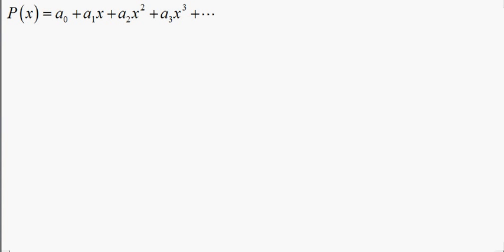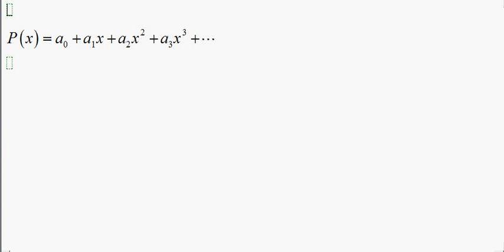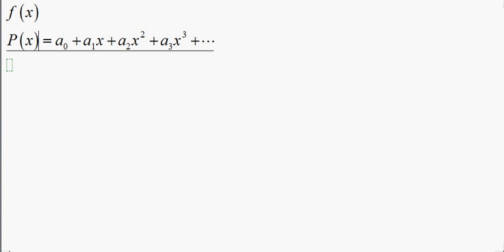It's just some infinite polynomial. We don't know how many terms it's going to be. And this is going to be equal to a function f of x, in a certain domain.